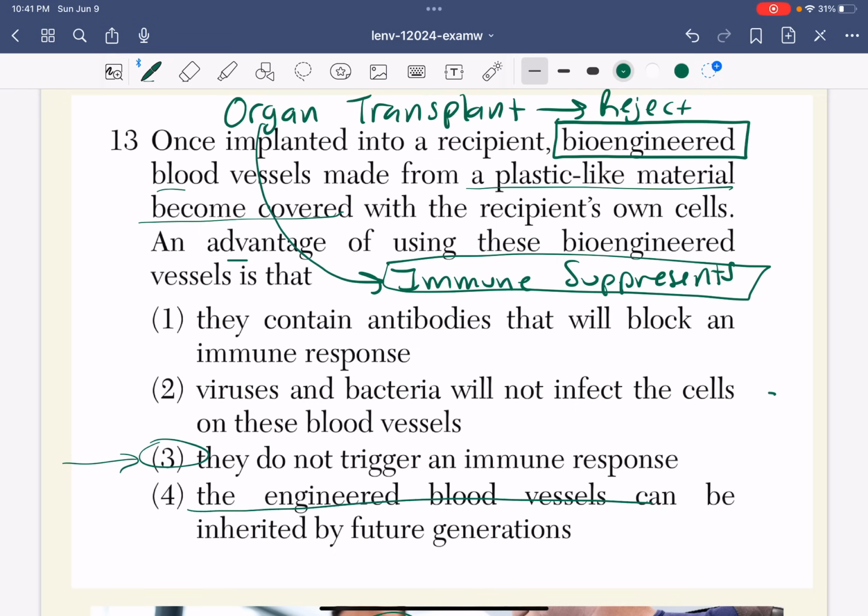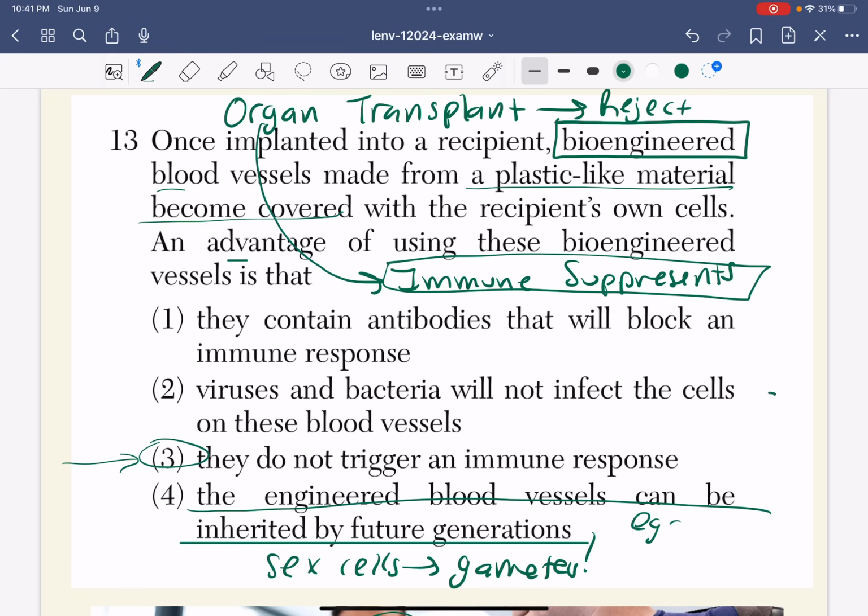The engineered blood vessels can be inherited by future generations. No. So this is another part of the question that you need to know. The only DNA that you can give to your babies is in your sex cells, in your gametes.